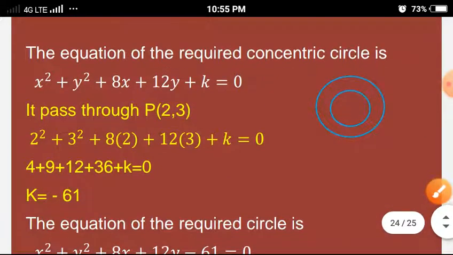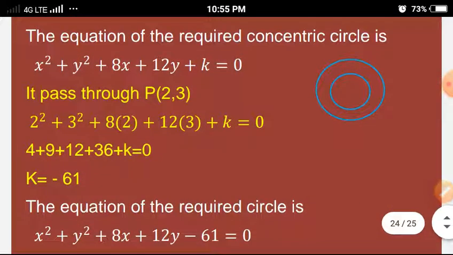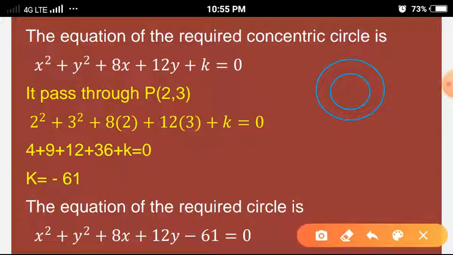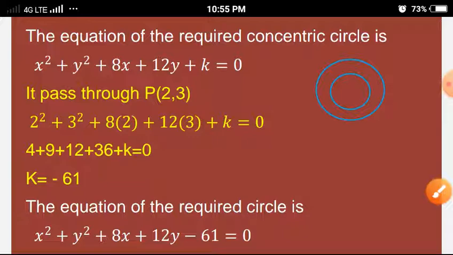The diagram will be like this. Here the circle is concentric with another circle. Concentric means the two circles have the same centers. Then first we have to write the concentric circle.